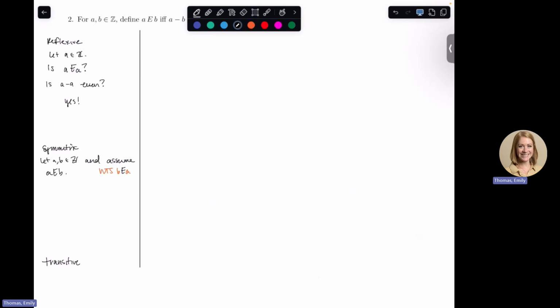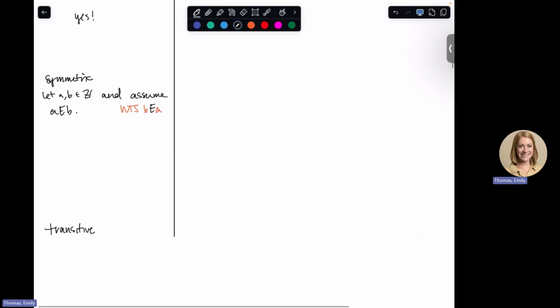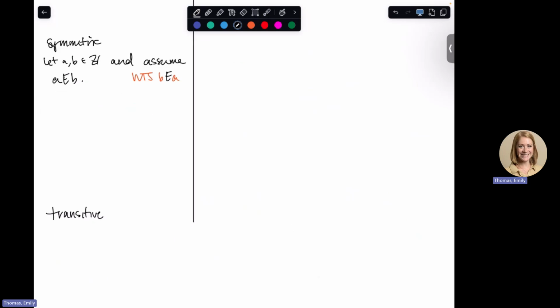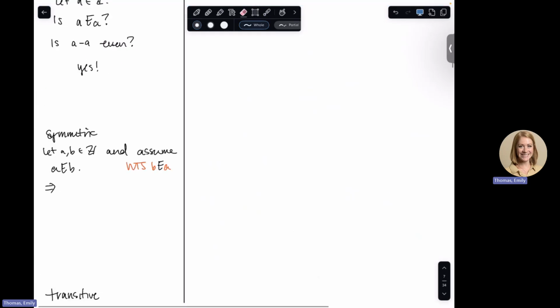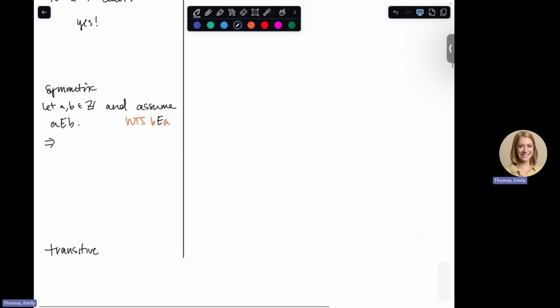Okay, so if I know that A is related to B under this relation, what does that mean? On this one, that A minus B is even, right? That's what I do know. What I'm trying to show is that B minus A is even.